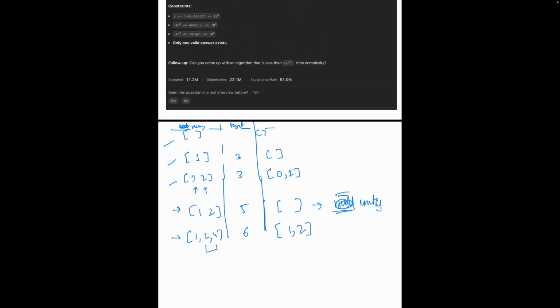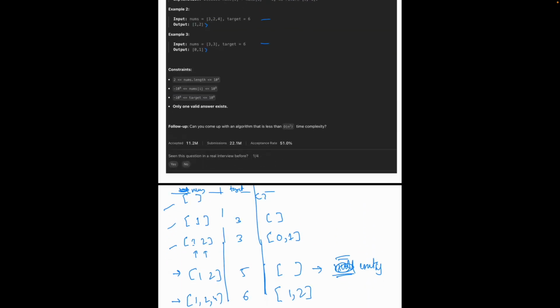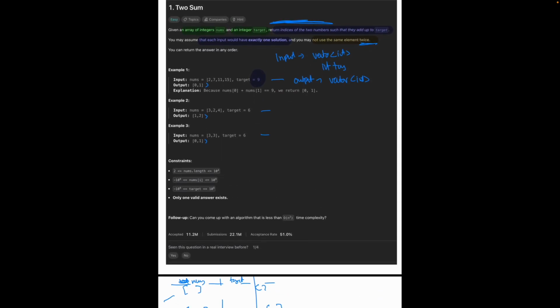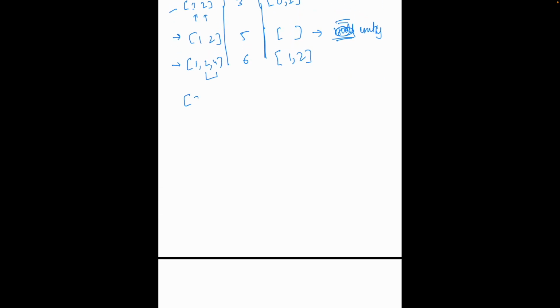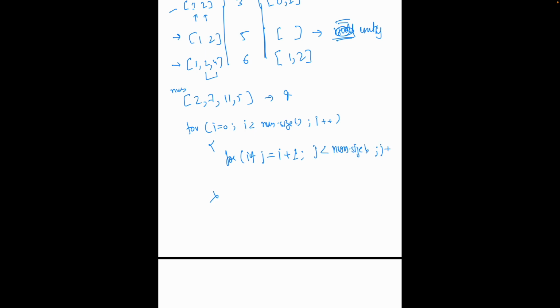just iterate the loop twice, and let's take this example, 2, 7, 11, 5, and we are looking for 9. So what we can do is for i equals 0, i less than nums.size, i plus plus, and then we can go for int j equals i plus 1, j less than nums.size, j plus plus.